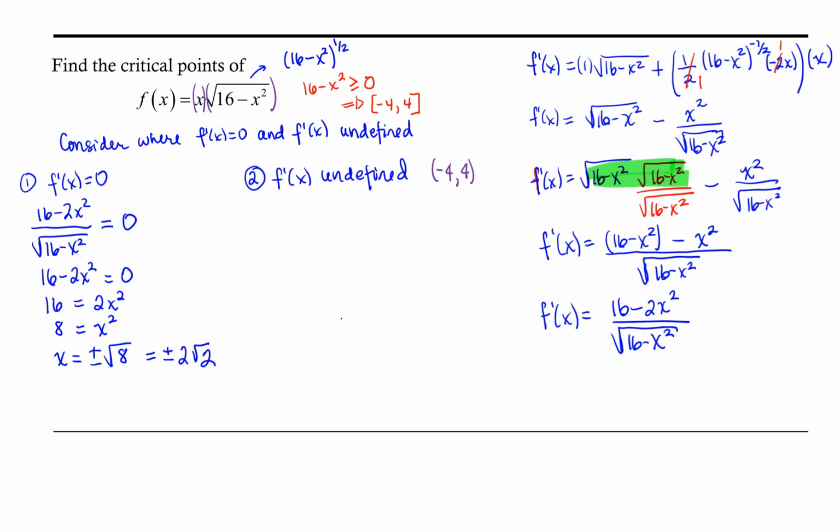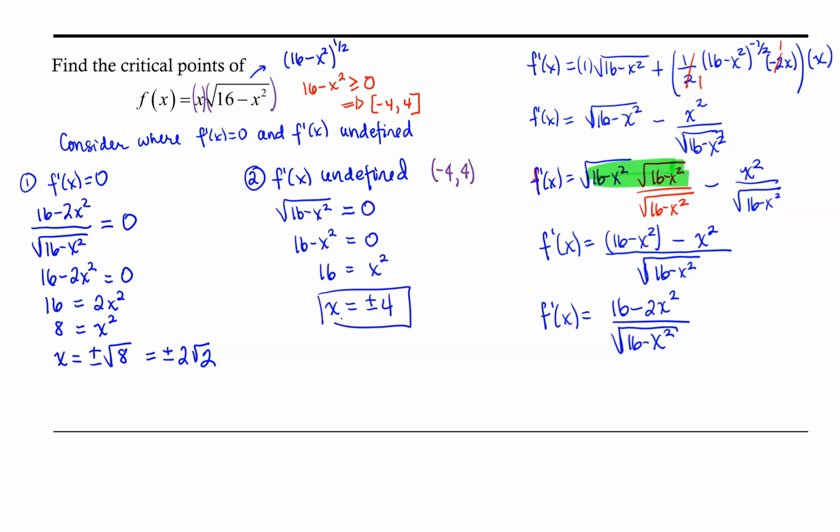So in doing that then, if we look at our denominator, square root of 16 minus x squared, we don't want that to equal 0. We need to exclude those values. If I square both sides of the equation, I get 16 minus x squared equals 0. And if I add x squared to both sides of the equation, I get 16 equals x squared. And if I take the square root of both sides of the equation, I get x equals plus or minus 4.